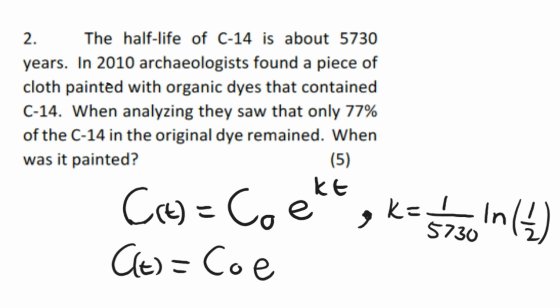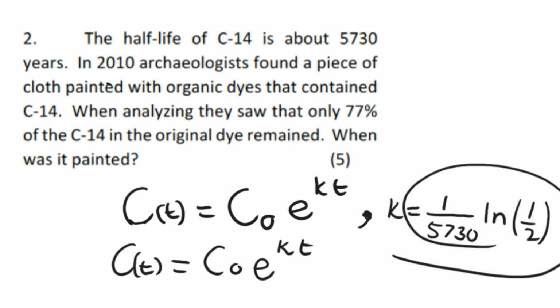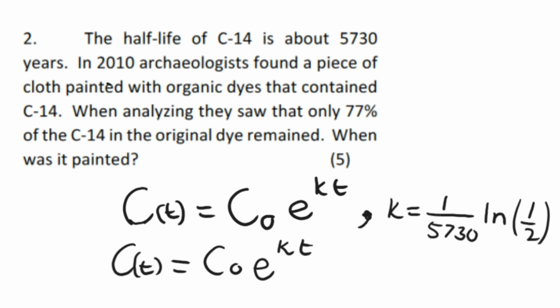I'll just keep it as k for simplicity and write it in the final answer. Just keep it as kt, but don't forget that k is this value here. You have to find the value of k. If it is simple for you because you're not using a calculator, maybe you'll find something like 3, or -2, it depends.